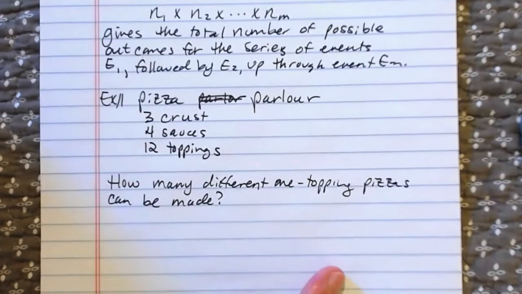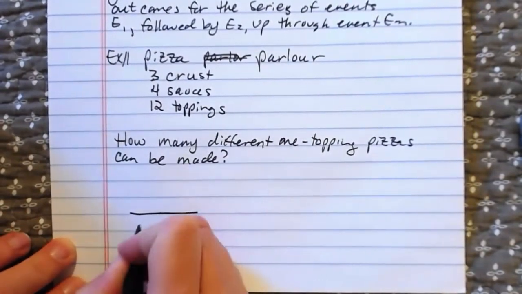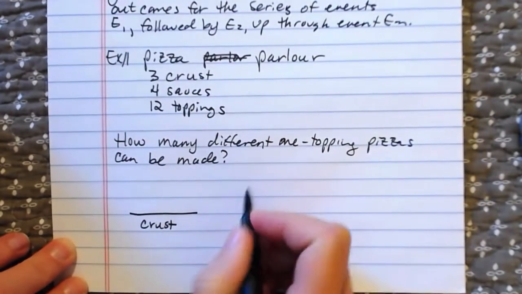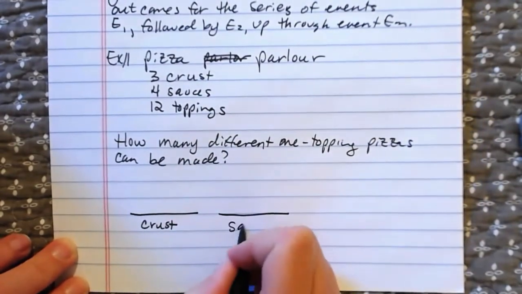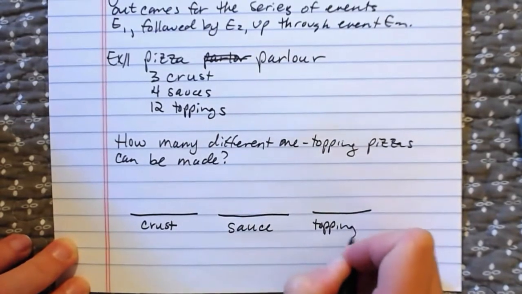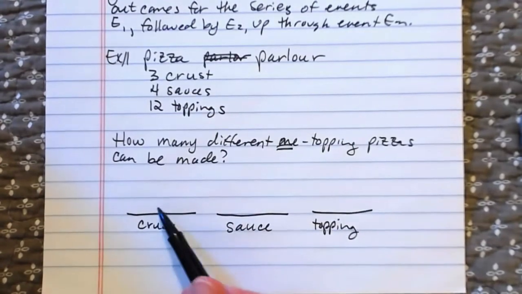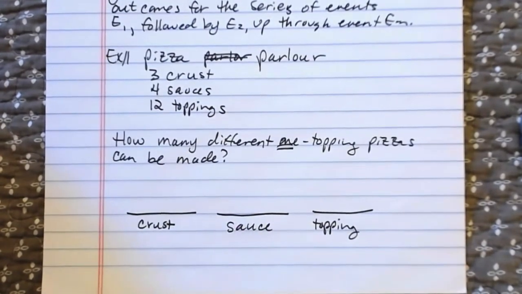Well, if we think of creating a pizza as a series of events, where first I'm going to pick my crust, then I'm going to pick my sauce, and then I'm going to pick my topping, which I'm only doing once if I'm making a one-topping pizza, then I can think of this as a series of events.